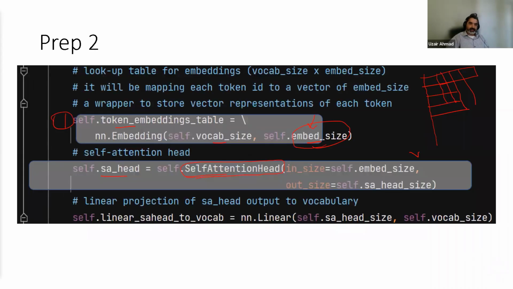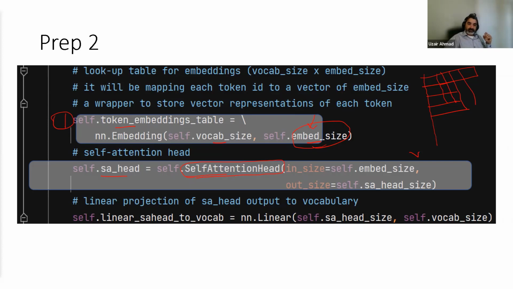We go back. When we are preparing, we took the text, put it in dictionaries, created encoder decoders, and put it in a large vector. Then we moved on to declare that we are going to have this token embeddings table. It will have as many rows as your vocabulary. It will have as many columns as the embed size. Embed size, you will decide, maybe 10, maybe 50.